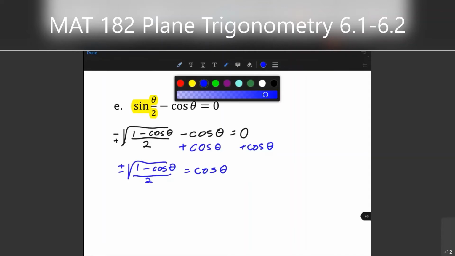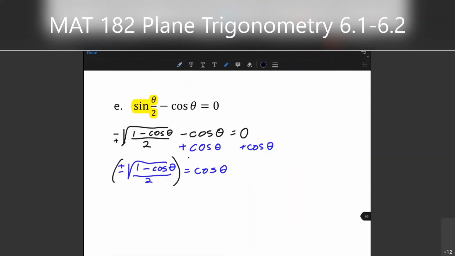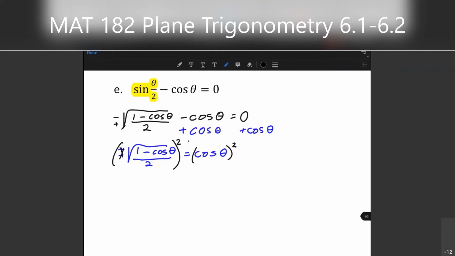If I square both sides here, that plus and minus doesn't matter, because if we square positive, it's going to be positive. Square negative, it's going to be that same positive value. So in this case, we have just the stuff that's inside, 1 minus cosine theta over 2. And then we'll have cosine squared theta.